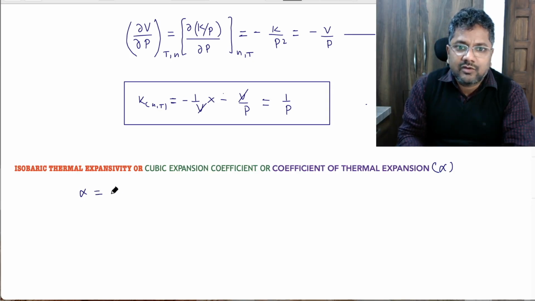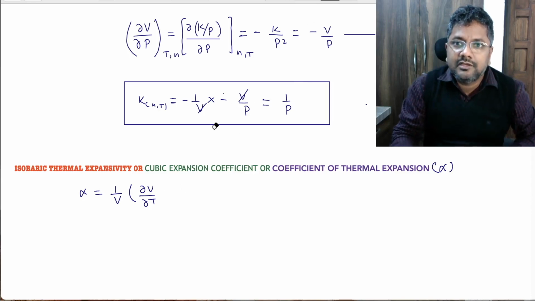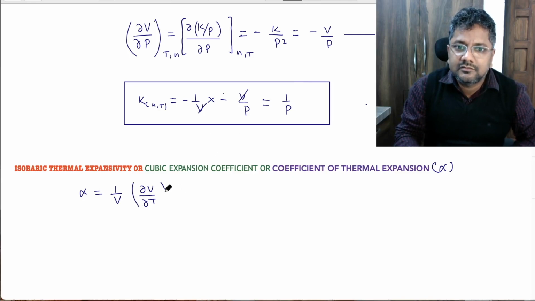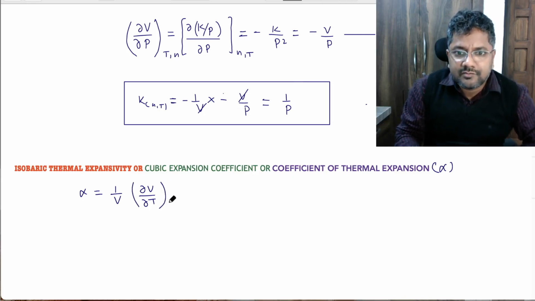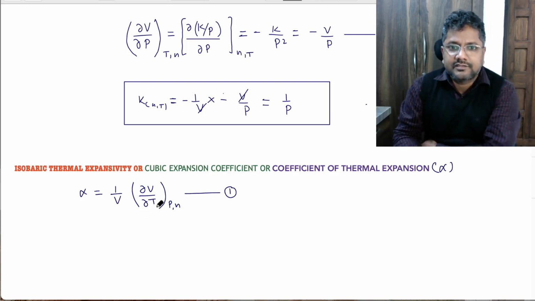Alpha is equal to 1 by V into del V by del T at constant P and N. So again you can make the same definition, fractional differential change in volume with change in temperature.